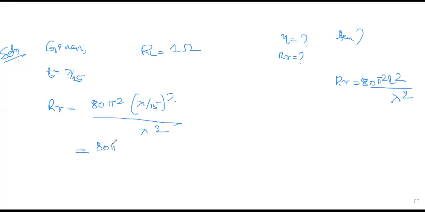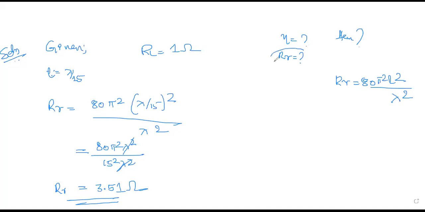You will have 80 pi square lambda square by 15 square lambda square. This and this will get cancelled. 80 by 15 square into pi square. 3.509, or 3.51 ohm.